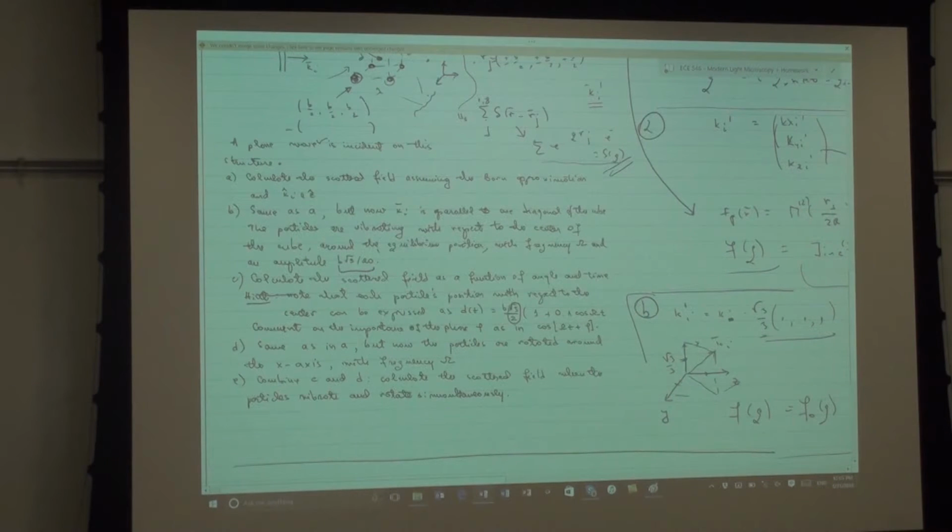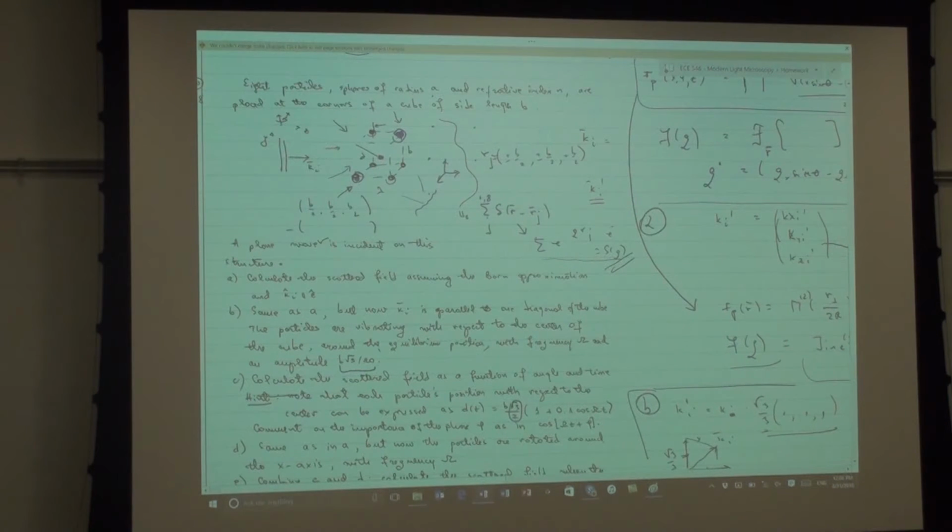All right, now we are getting into the part where I sensed that you started to hate this as we went along. Some of you expressed in words on the homework, please, like Kelly, for example. So, calculate the scattered field if, basically what we're trying to do is, what if these particles are vibrating?